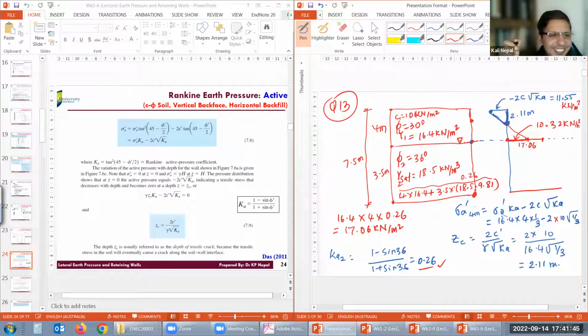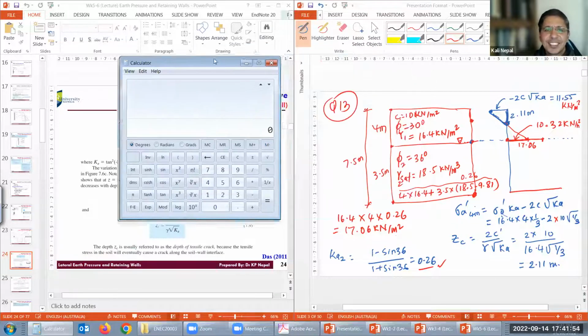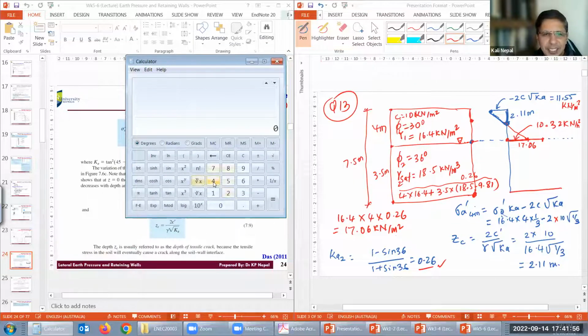How much? Come on, guys. You are so many there, so you can calculate. So 4 times 16.4, plus 3.5 times bracket 18.5 take away 9.81.